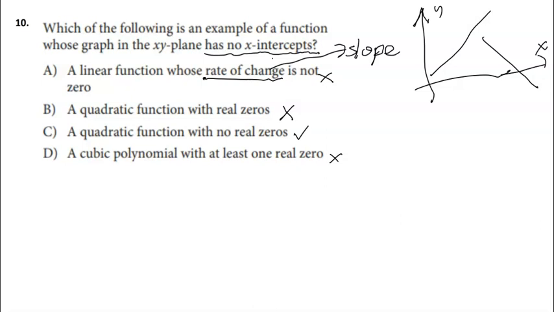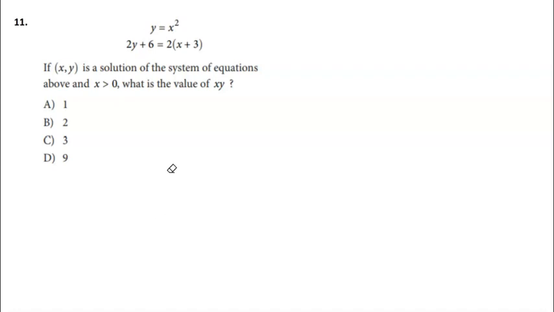All right. Let's move on to 11. All right, so let's look at question number 11. It says y is equal to x squared, and then 2y plus 6 equals 2 in brackets x plus 3, right?